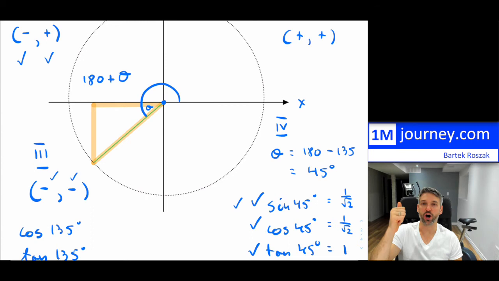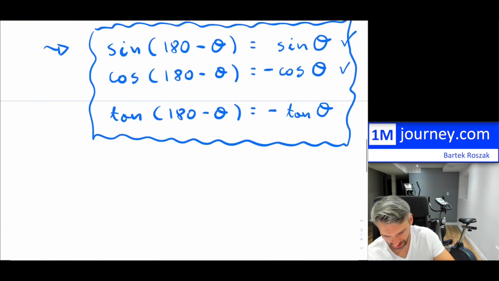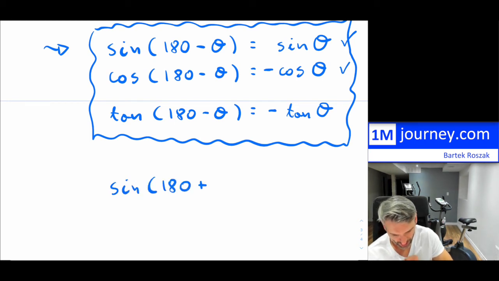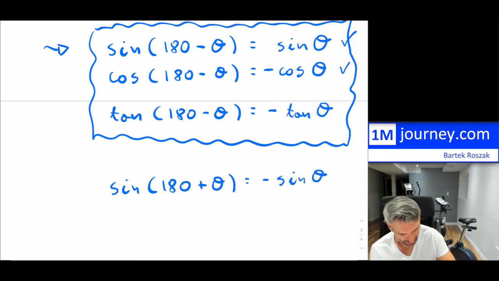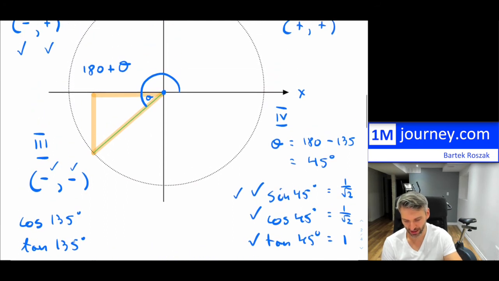The opposite side, which is down, is also negative. So if you want the sine of an angle which is greater than 180, you're going to be adding, and in this case your sine is going to be negative of that complementary angle right here. So that's your theta right there.